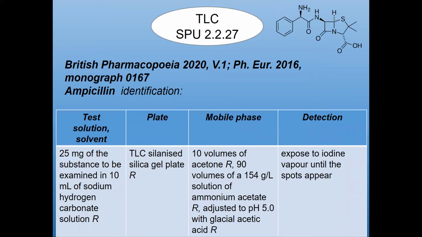Thin layer chromatography, British Pharmacopoeia or European Pharmacopoeia, ampicillin identification. You can see test solution: sodium hydrogen carbonate. Mobile phase: acetone, ammonium acetate, glacial acetic acid. Detection: iodine vapor.